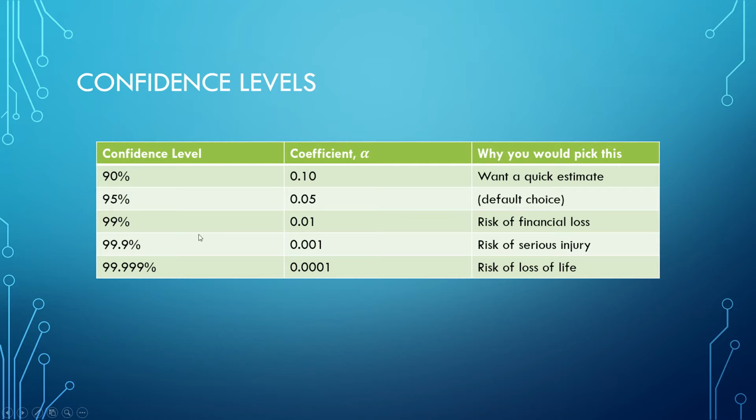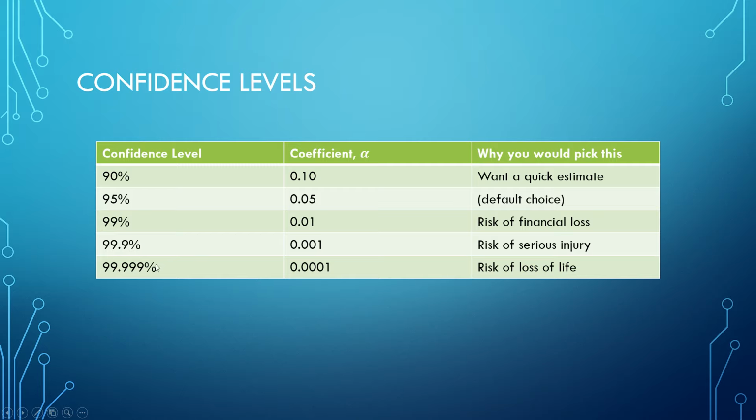Whenever you want to go above 95% into the 99% confidence level or even higher, that's where you're really, really wanting to make sure you're never, ever wrong. So a 99% confidence level might be where there's a risk of losing money if you're wrong. That might be a problem. The other two I've added from my engineering experience.